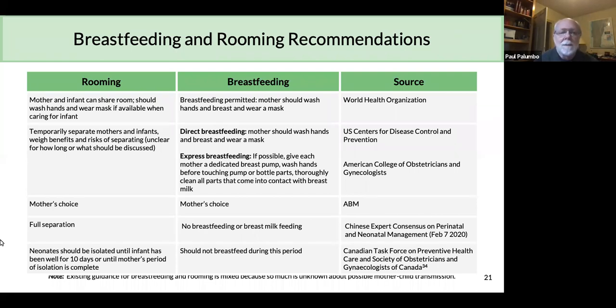So that's the most severe limitation recommendation. And then in Canada, they're recommending neonates should be isolated until the infant has been well for 10 days or until the mother's period of isolation is complete, and they are discouraging breastfeeding.